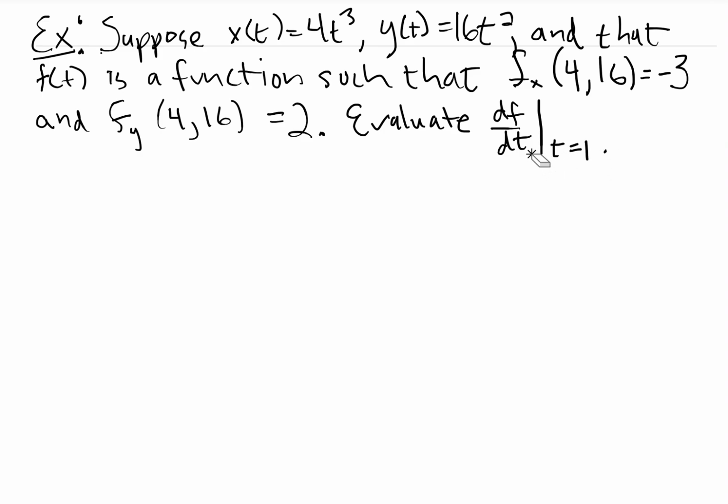So in this particular case, I'm saying df/dt restricted to the point t equals 1. Well, if you restrict a function to a particular point, you're really just plugging that point into the function. So another way for me to rewrite this is just to say evaluate df/dt at t equals 1. So you guys hopefully learned something notation-wise today.